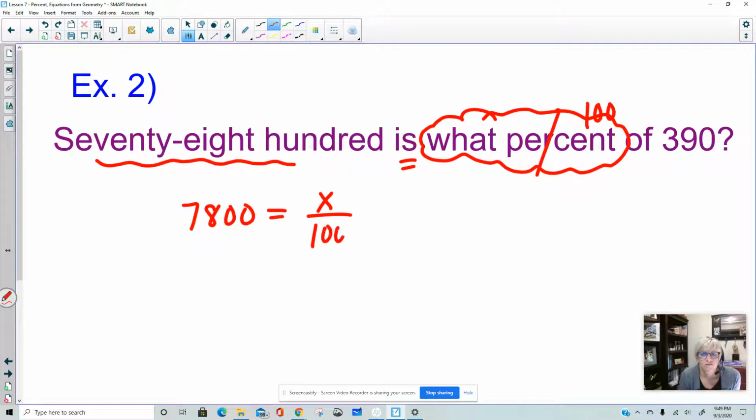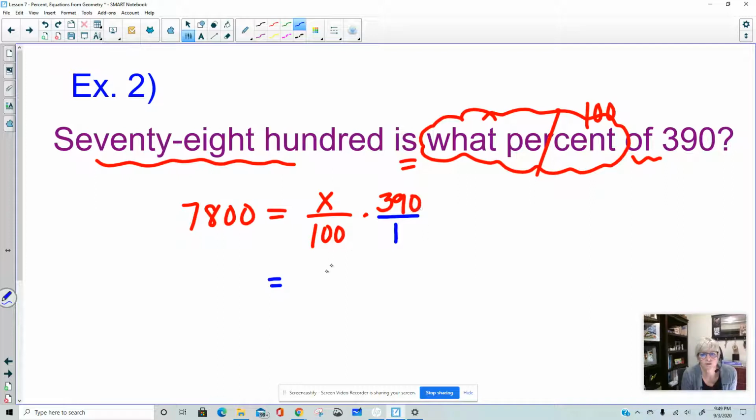Let's continue reading. Of is times, so times 390. And let's turn this into a fraction as well. We have 390 divided by 100. Move the decimal over 2, so that's 3.9x.